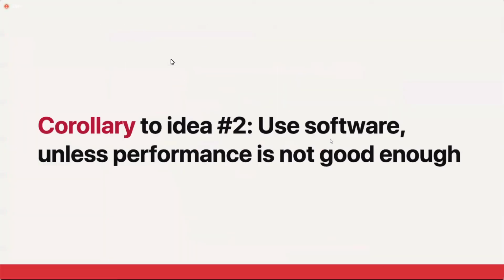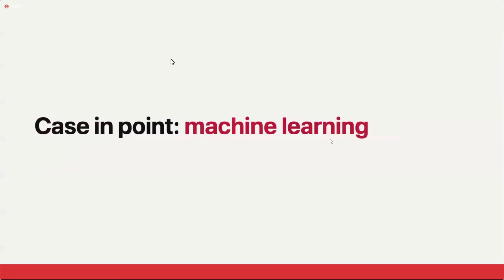There's a corollary to this particular idea, in the sense that we should use software unless performance is not good enough. And there's a case in point example, and that is machine learning. So in machine learning, we follow that principle, saying we should put features into software unless the performance is not good enough, and only in those cases we should move into hardware.